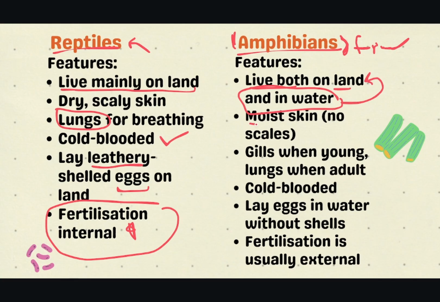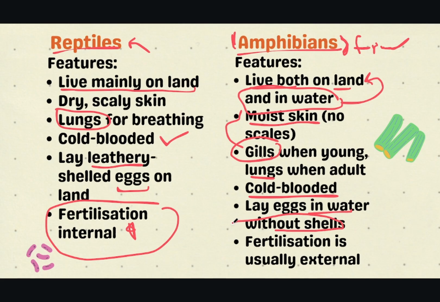That's the reason why they have moist skin and no scales. They have gills when they're young, because anything that lives in water has gills, like fish. And when they become adult, those gills develop into lungs. They're also cold-blooded. They also lay eggs in water without any shells.